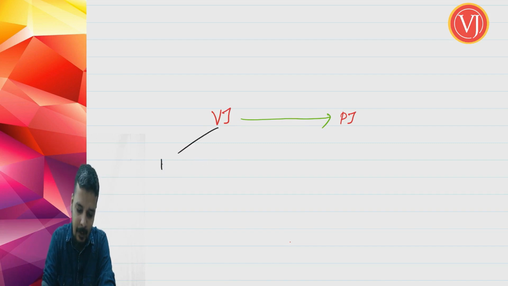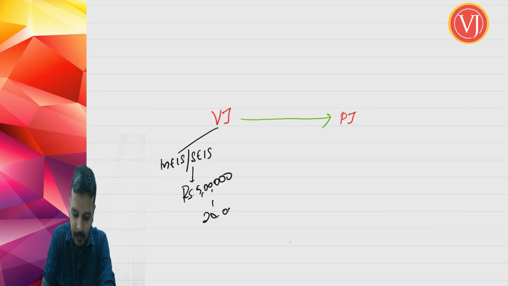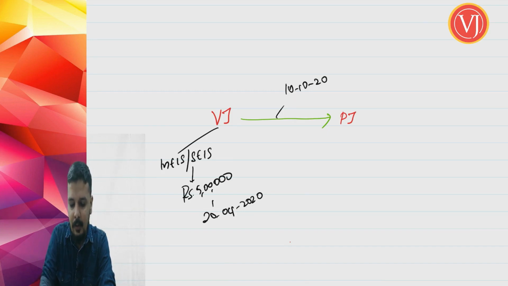I got a MEIS script or SEIS script for rupees 5 lakhs on say 20th of April 2020. I was having no usage, therefore I sold the script to another person say on 10th of October 2021. This is nothing but sale of script.